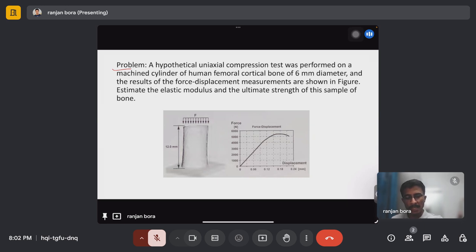Estimate the elastic modulus and the ultimate strength of this sample of bone. Now the force displacement diagram is given. This is the compression test and this is a sample of human femoral bone. F is acting on the bone and it is a compressive load.